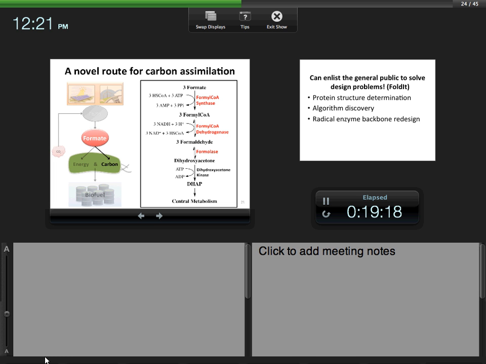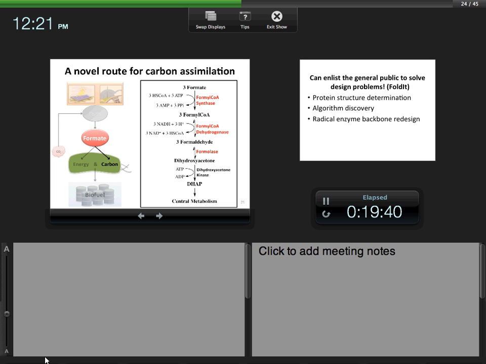The bad news is that we haven't been able to get this pathway to work. This designed enzyme, and actually these two enzymes normally work on two carbon compounds, the acyl rather than the formal compounds. The activities are too low for us. We haven't yet succeeded in getting E. coli to grow on formate, which is really the goal.